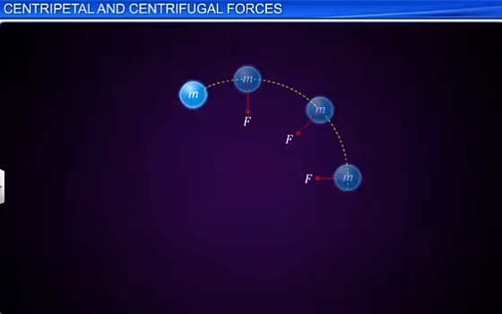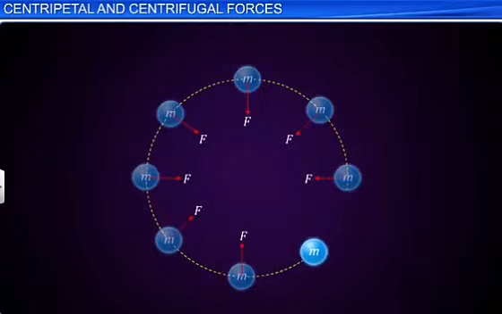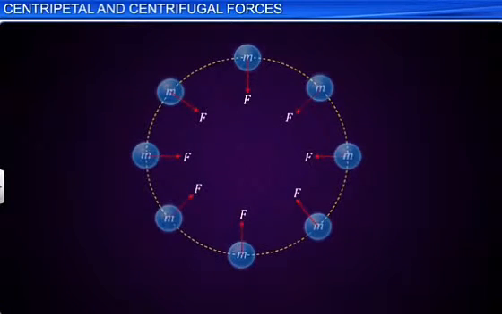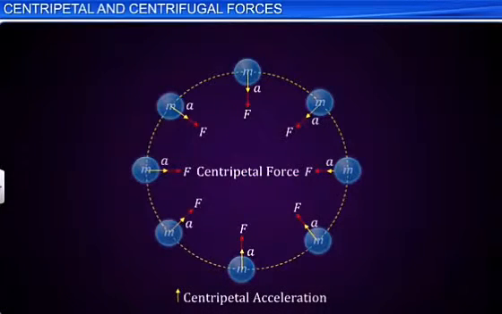If the force continues to be normal to the motion of the particle at every point of its path, then the particle moves along a circular path with constant speed. A force that is normal to the velocity and continuously acting on a particle, making it travel along a circular path, is called centripetal force. This force is responsible for the centripetal acceleration of the body.